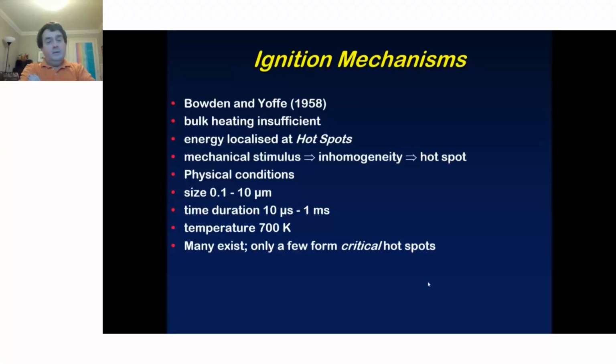If you can get above 700 Kelvin for longer times, then yes, you can cause things to react, and that would be heating of the system. But in terms of mechanical stimulus and low energy processes, these conditions will help you get a sustained reaction. You can think about different mechanisms, and many exist, but only a few of them form what are called critical hotspots. So these are hotspots where the reaction extends and grows.